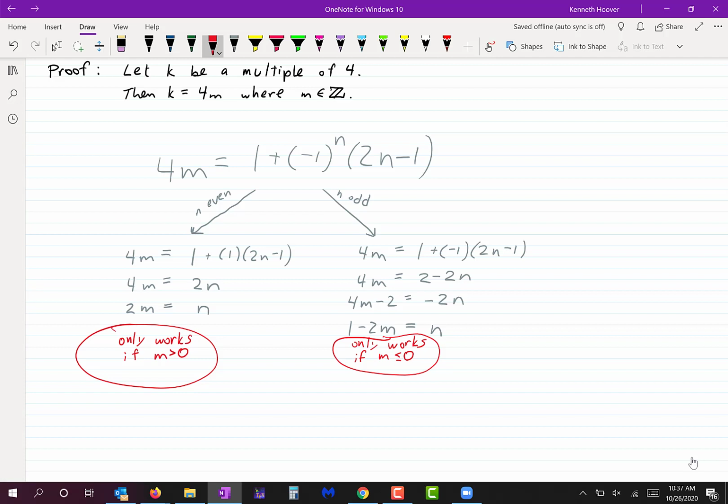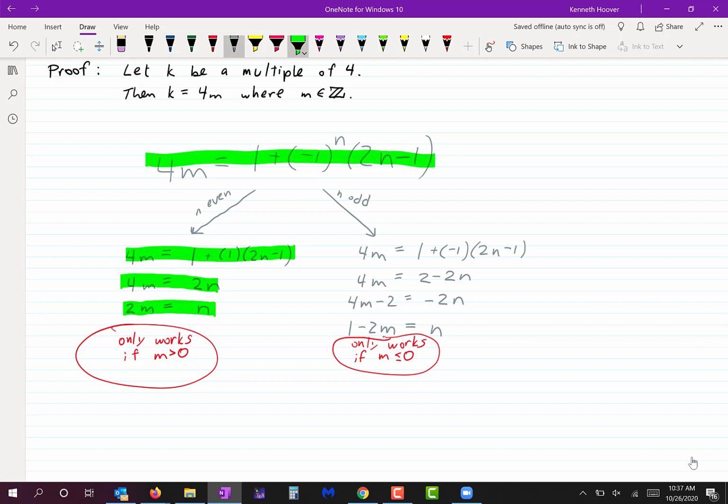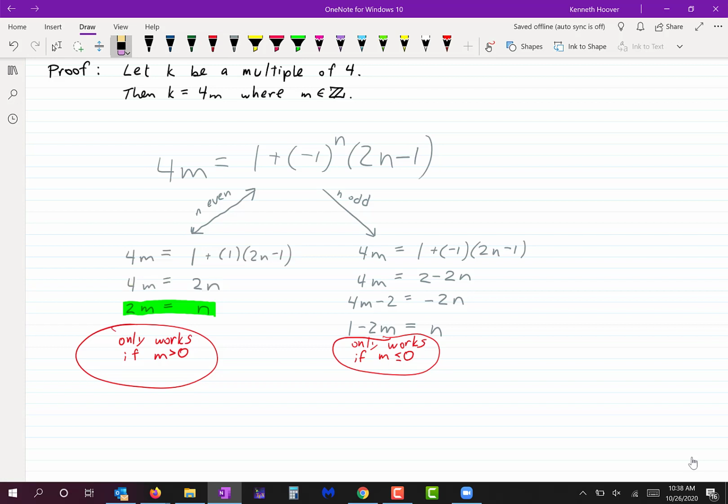And if m is positive, then we're going to say let n be 2m, which is even. So this will be true, so this will be true, so this will be true. We'll be going in the other direction, you see. And then we'll say the other case will be m is non-positive, which means 0 or negative.